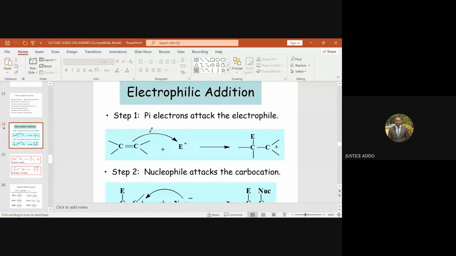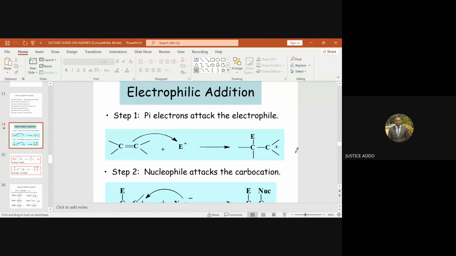So whenever it sees an electrophile, a positively charged species, the nucleophile will react by way of adding the electrophile to itself. And that's what we call electrophilic addition, adding an electrophile to the alkene. Of course, the double bond, the pi bond with the pi electrons, will break before there is the addition of the electrophile.